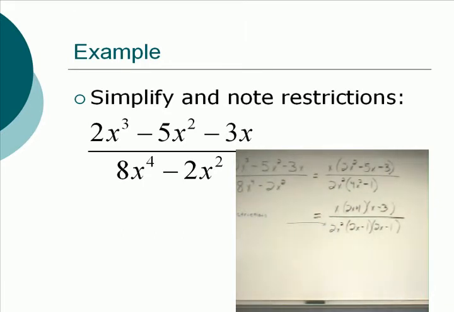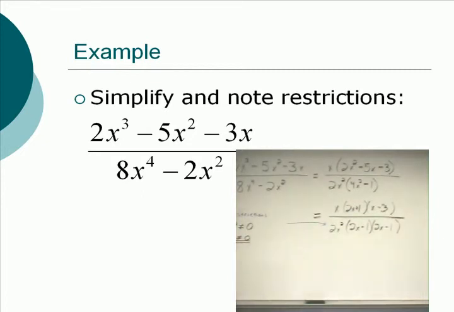How many restrictions are you going to have on this one? Three of them. There's going to be three restrictions. First of all, we have to note that 2x squared can't be 0. It's an easy one to miss. Well, if 2x squared can't be 0, what's the solution to this? x can't be 0. Okay, so there's one restriction.